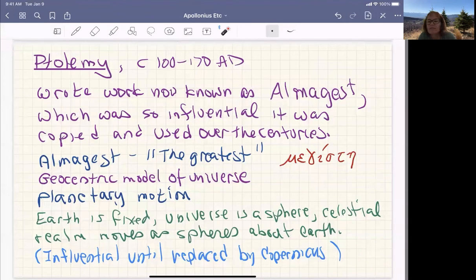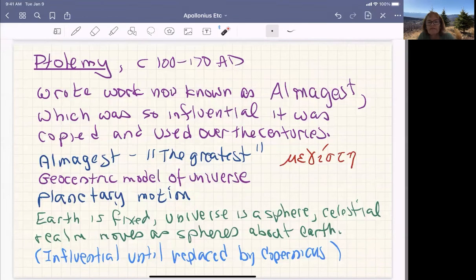Now, the next mathematician that I would like to briefly talk about is called Ptolemy. So he lived around 100 to 170 AD. And he wrote a work that's now known as Almagest.